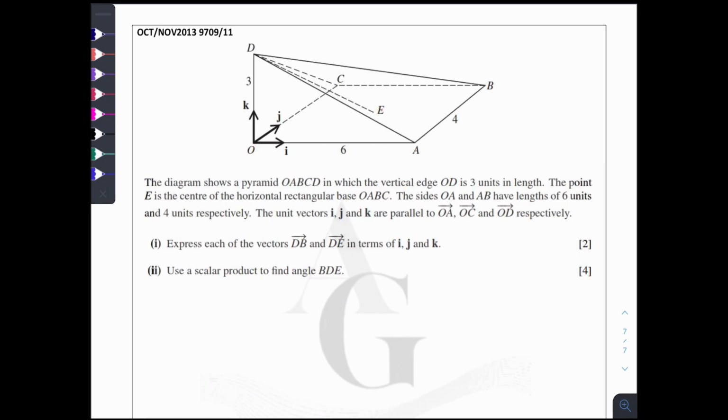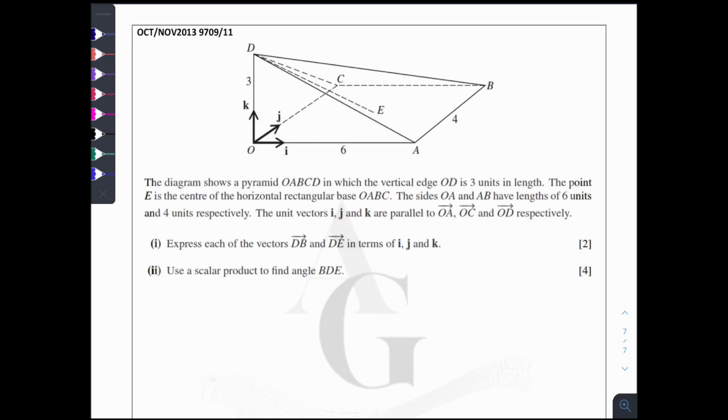The sides OA and AB have lengths of 6 units and 4 units. The unit vectors i, j, k are parallel to OA, OC, and OD. So the ijk direction is given, and we have to answer the vectors according to the ijk direction.